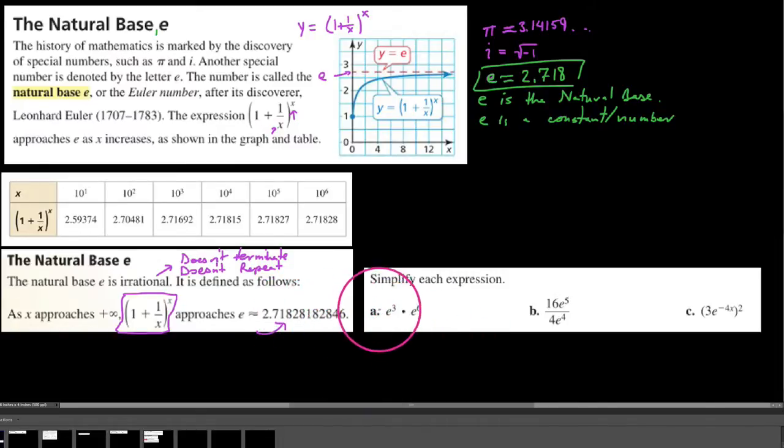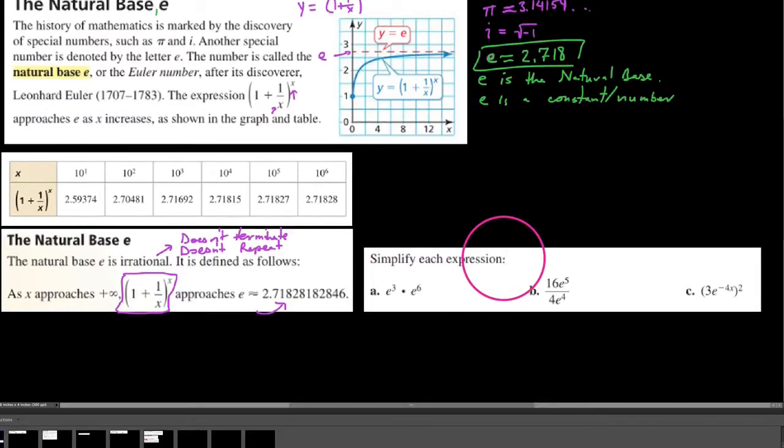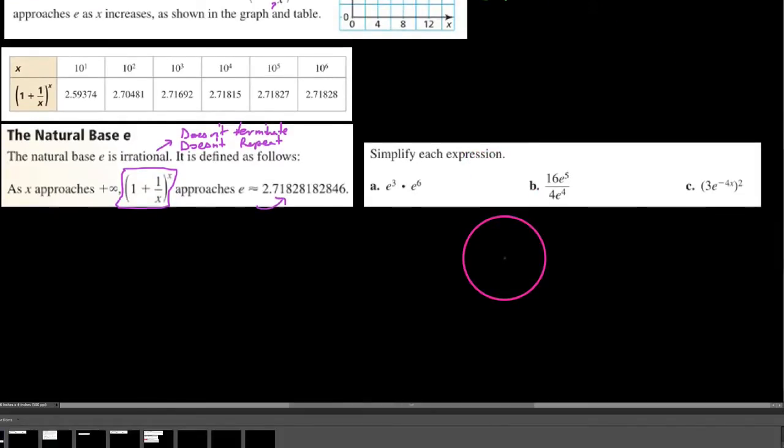What we're going to see is that a lot of the time we call this the natural base because, as you notice with these expressions over here, we often have e as the base of some exponents. So one thing that we can expect to do from time to time is evaluate or simplify expressions containing a base of e. And what I want you to know is that it follows the same rules that we've followed before for rules of exponents.